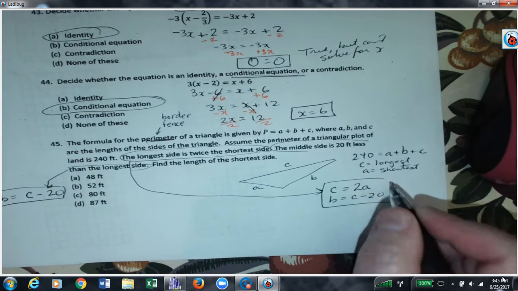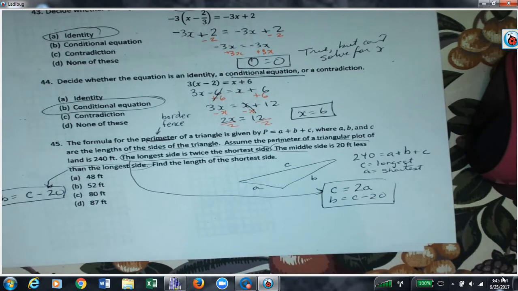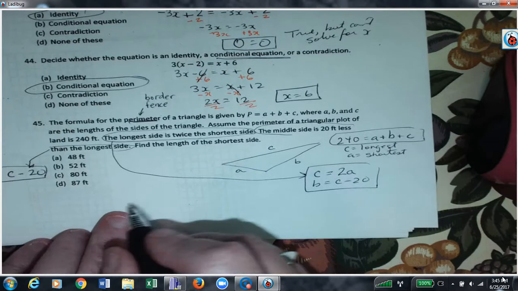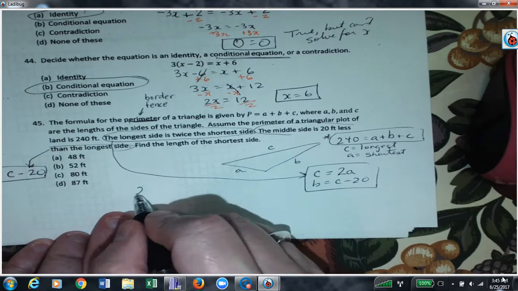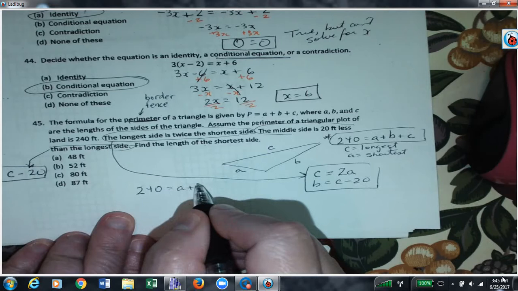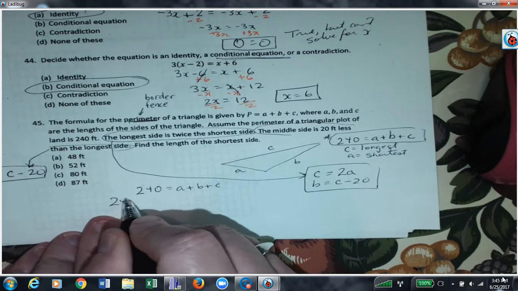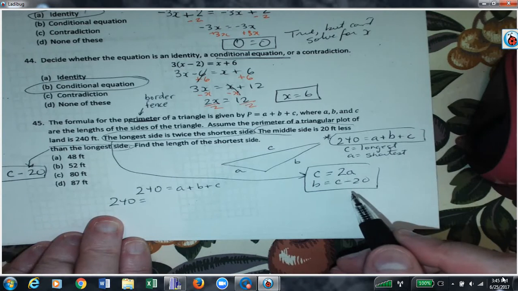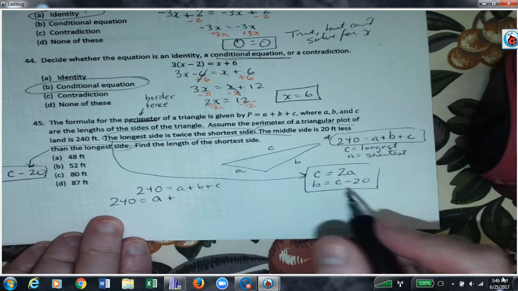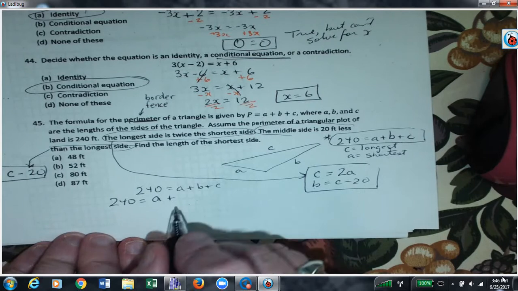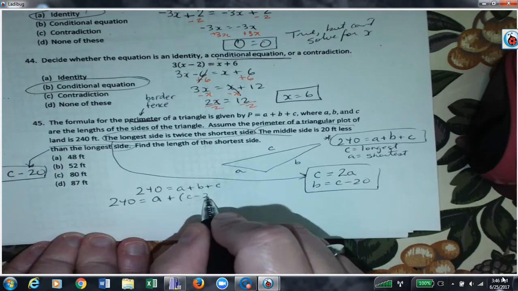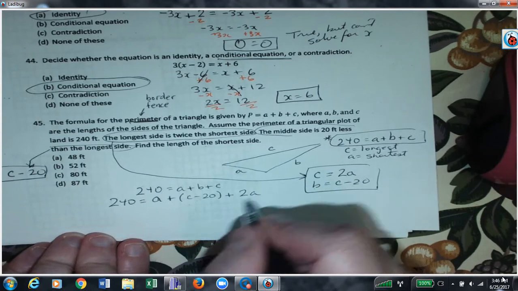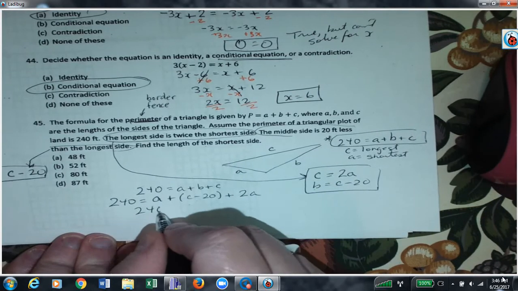So this is what I've got. Find the length of the shortest side. Let's start with this. So let me write this one again. Now, A plus, but I've got another way to write B. And I've got another way to write C. So the parentheses don't matter here.